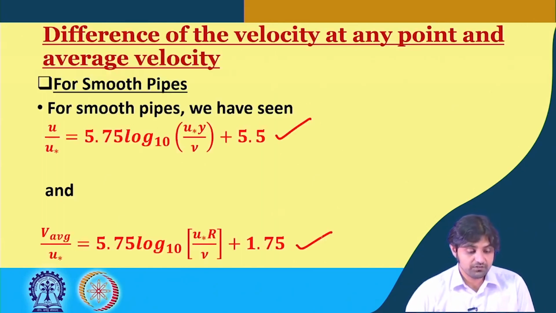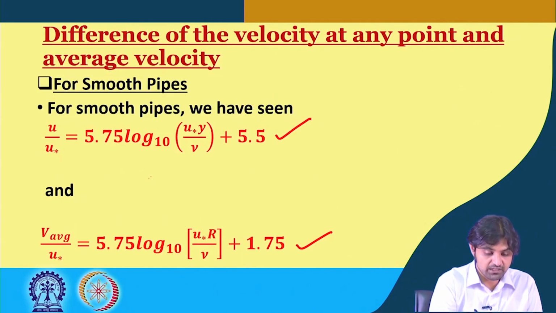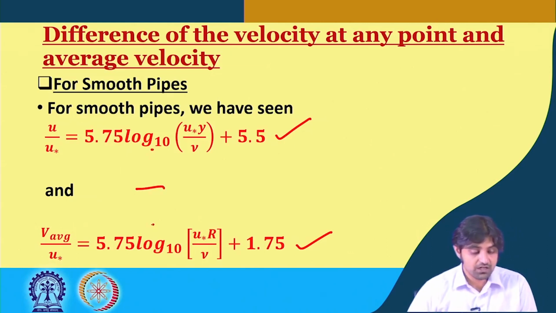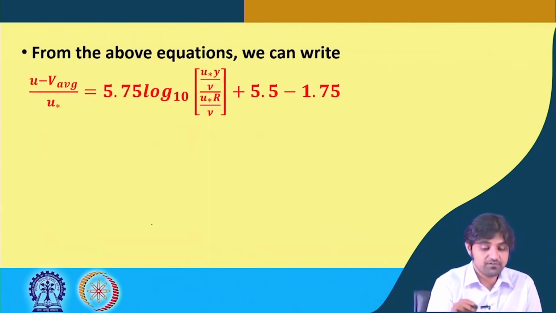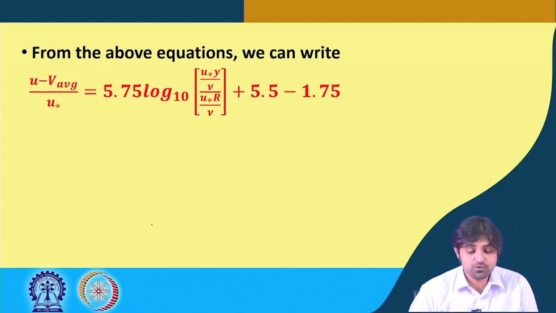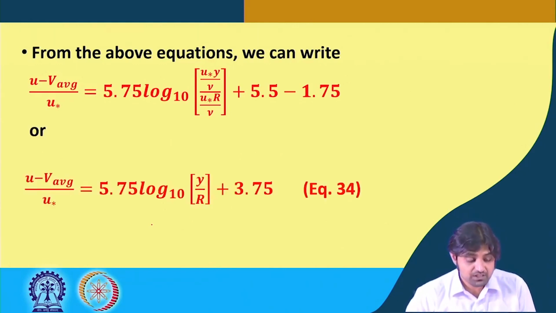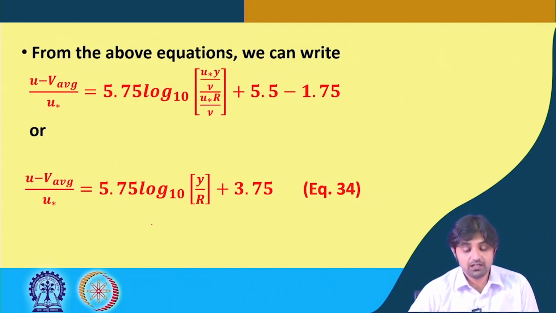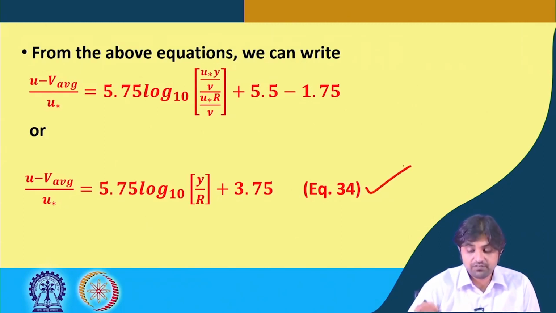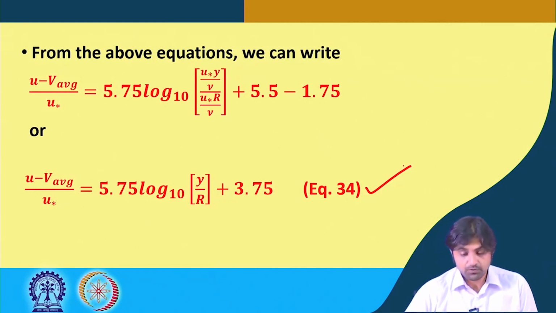So, we do this minus this. u star is common. So, u minus V average by u star is equal to 5.75 log to the base 10 u star y by nu over u star r by nu. So, nu and nu cancel, it will be y by r, or we can say u minus V average by u star is equal to 5.75 log y by r plus 3.75. Okay.